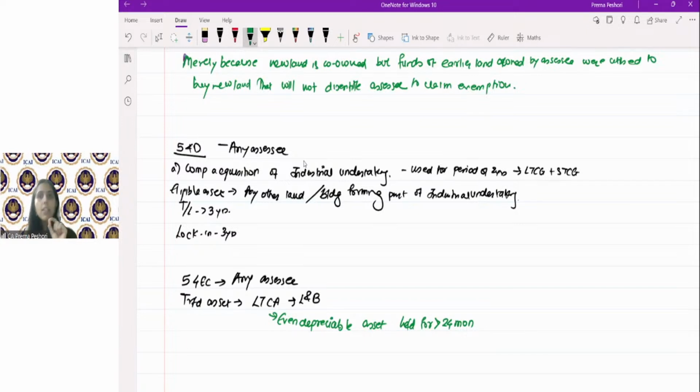Clear? But that is a long-term capital asset. It is through the deeming fiction under section 50 that it is considered as short-term capital gain. But the asset itself is a long-term capital asset, and the words used under 54 EC are that it should be a long-term capital asset. What are the eligible assets over here?